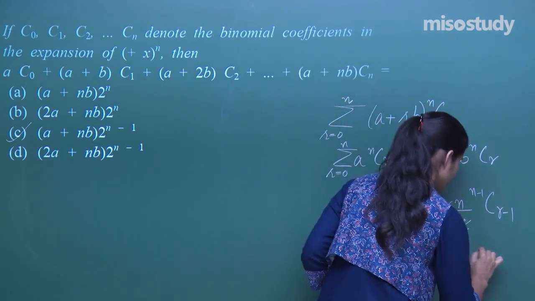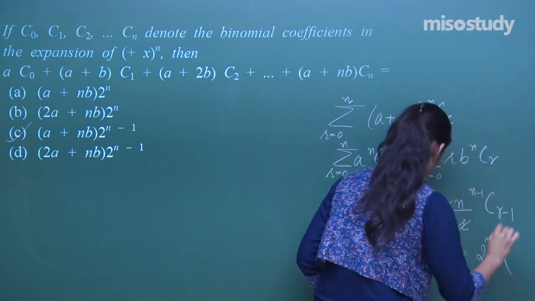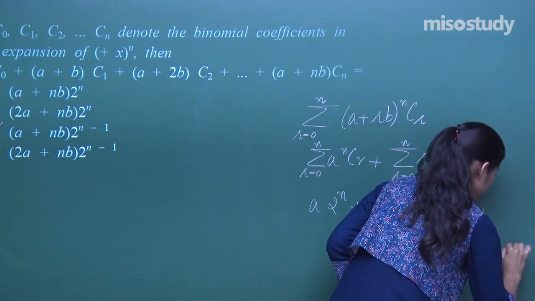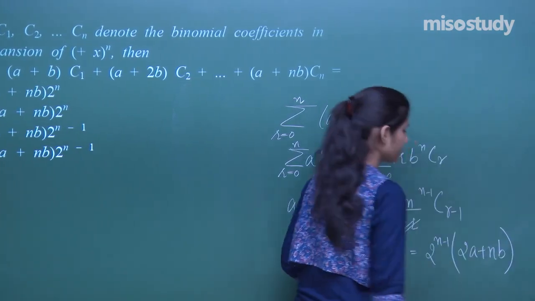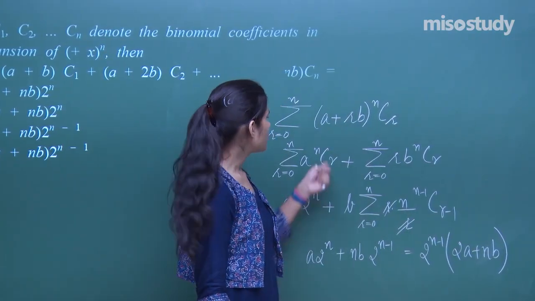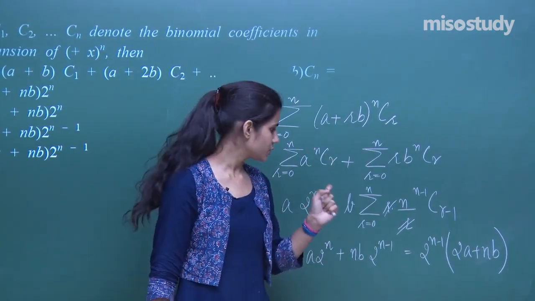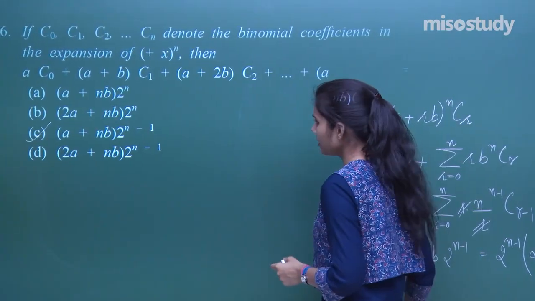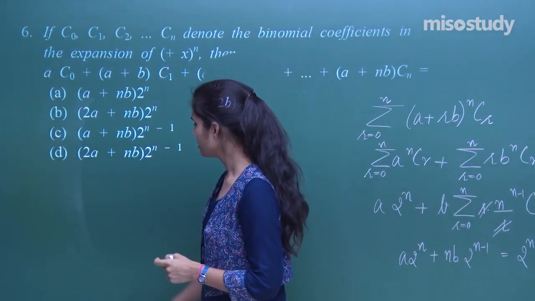Right? 2 to the power n minus 1 comes out common, you're left with 2a plus nb. Clear? And that is the value of this summation. It is 2 to the power n minus 1 times (2a plus nb).